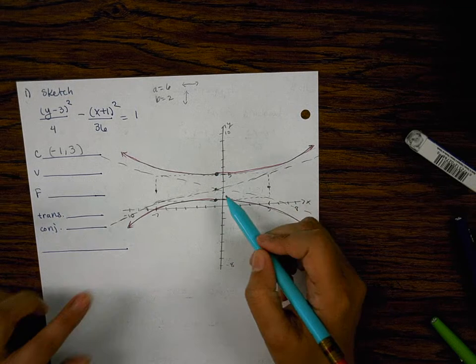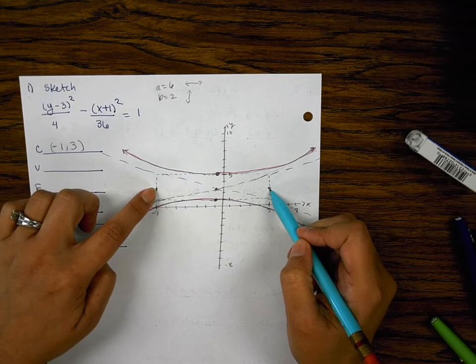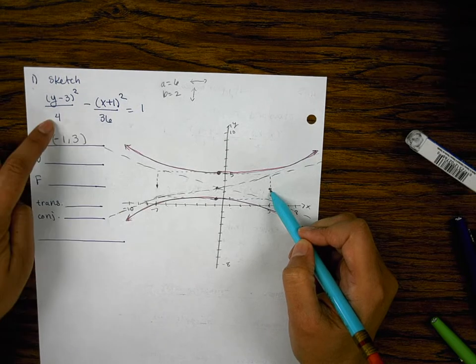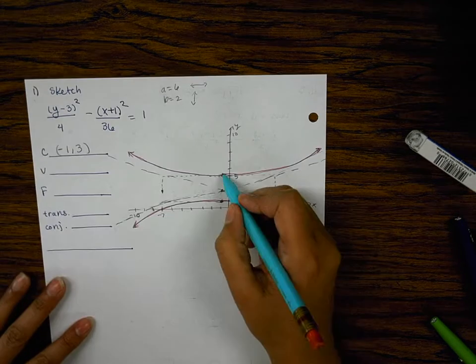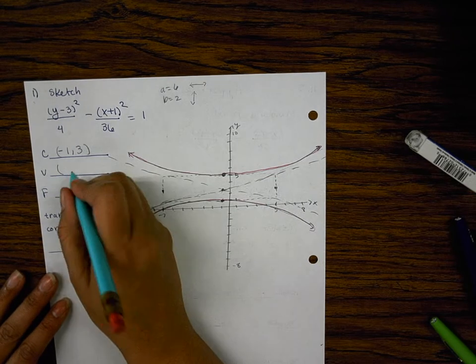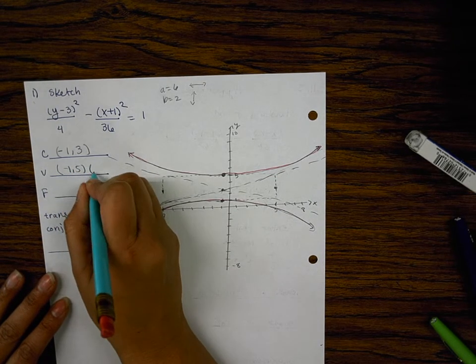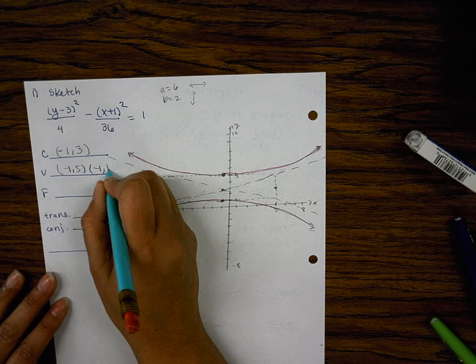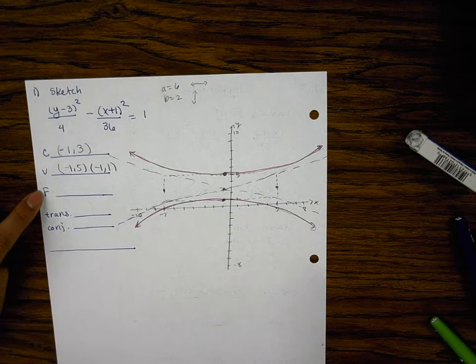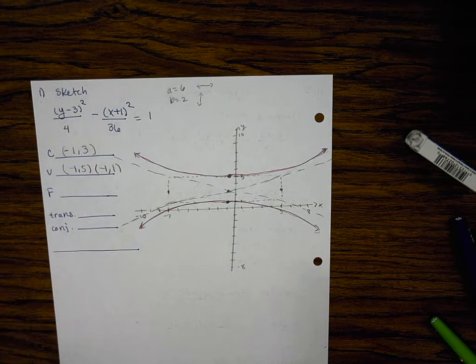Kids will often say, oh, these are the vertices because they're furthest apart. They could be, but in this case, y is first, so they are not. So these 2 points here are (-1, 5) and (-1, 1).